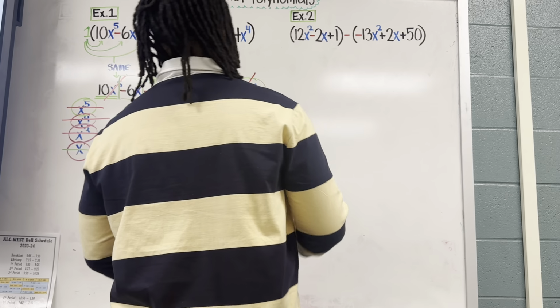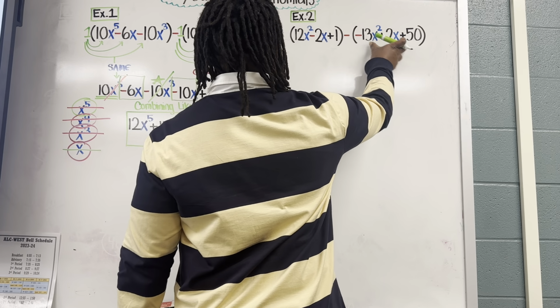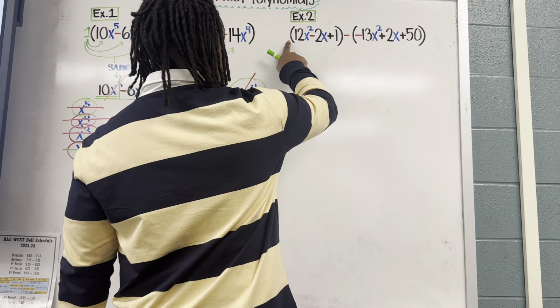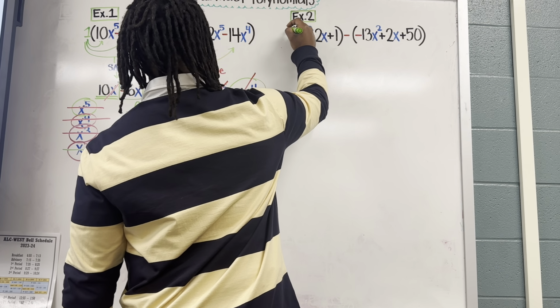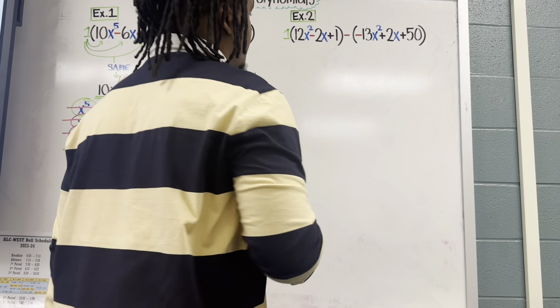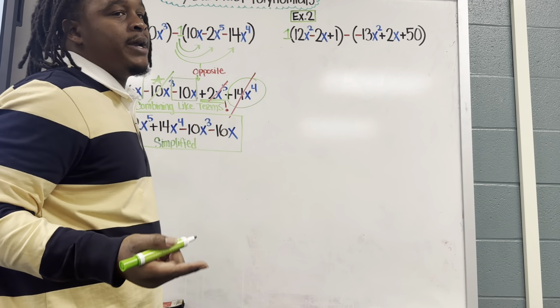Same thing, guys. You see that we have these two expressions inside of parentheses, so we need to distribute. There's no number in front of this parentheses, which lets me know that it's an imaginary one, and anything times 1 equals itself.